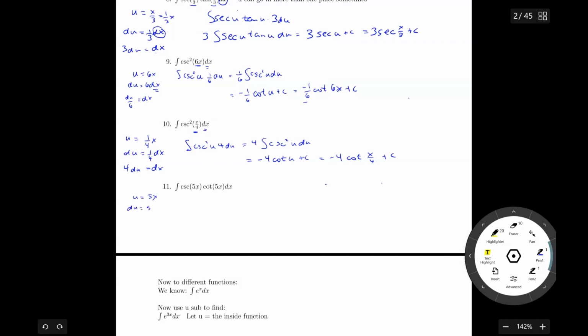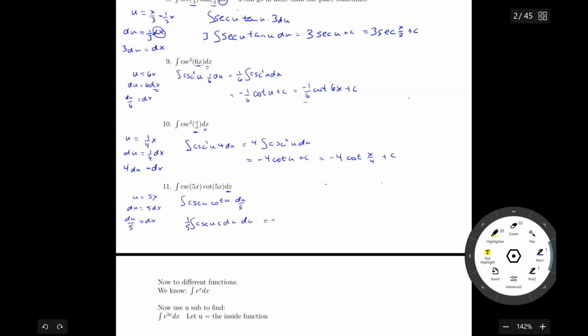Du is 5 dx. So I know I'm going to get cosecant of u, cotangent of u, and we're wanting to replace the dx. So dx is going to get replaced with du over 5, which is the same thing as saying 1/5 on the outside of the integral.